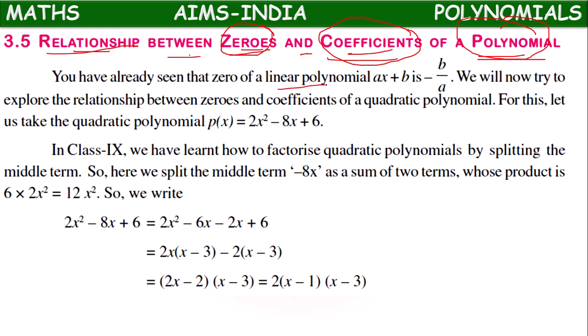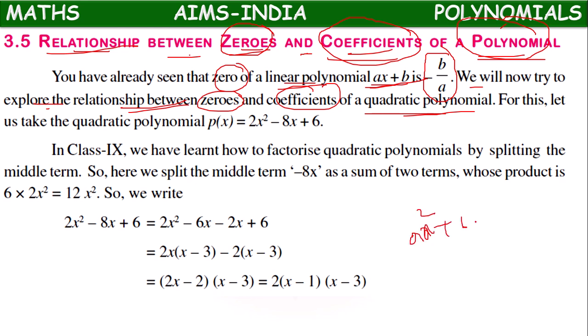If you have a linear polynomial like ax plus b, its zero will be minus b by a, which we have learnt already. We will now explore the relationship between zeros and coefficients of a quadratic polynomial, meaning a polynomial whose highest degree is 2, in the form ax square plus bx plus c equal to 0.